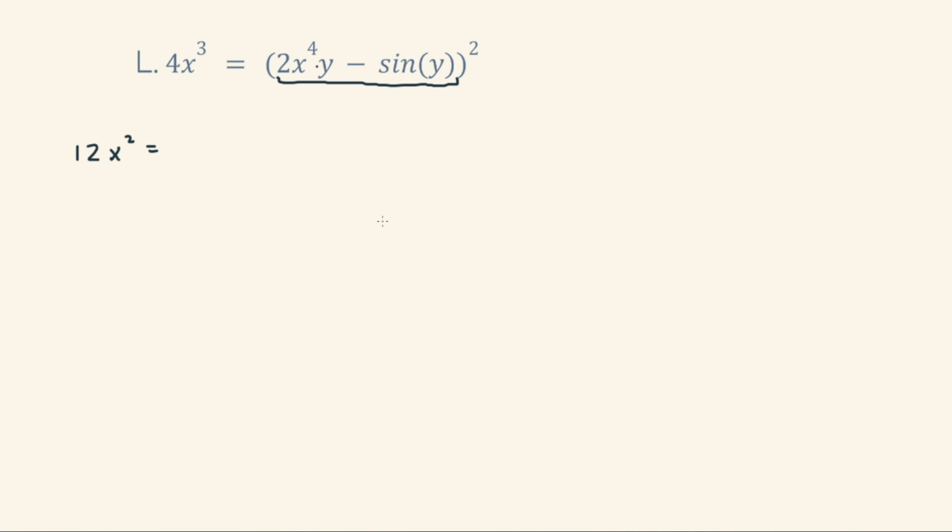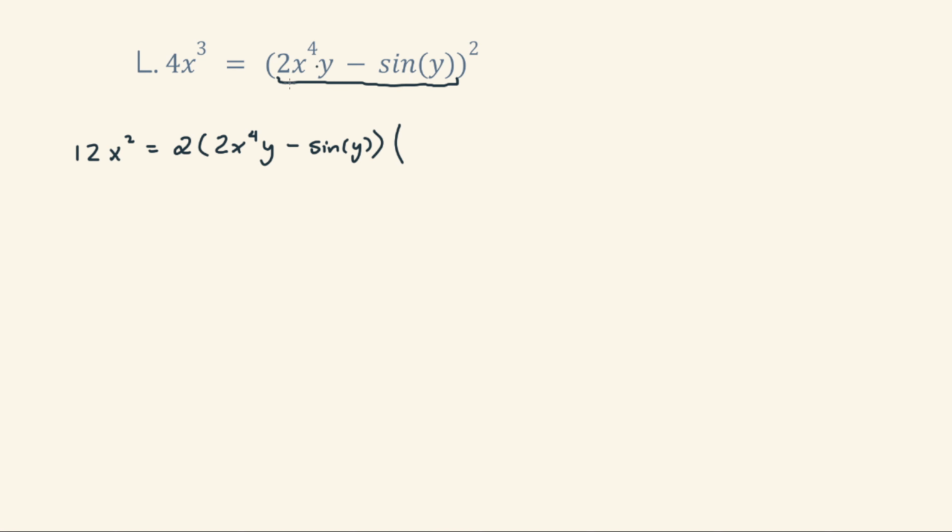And on the right side, it's going to be a little less simple. So first things first, take the derivative of the outside function. That's going to be 2 times (2x to the 4 y minus sine y) to the 1, okay? But I'm not going to write to the 1 because that's kind of useless. And then we multiply by the derivative of the inside function.